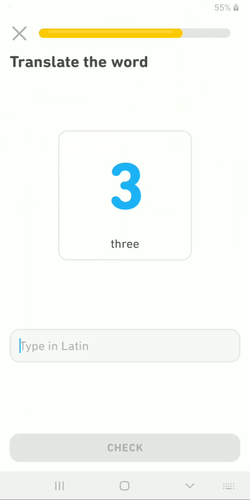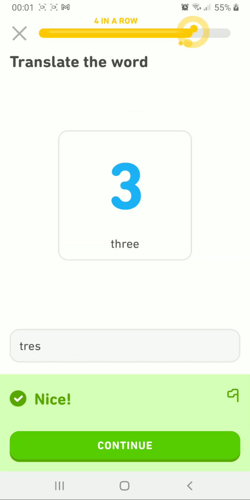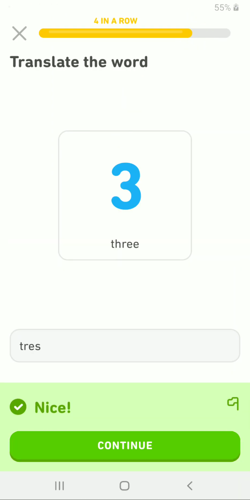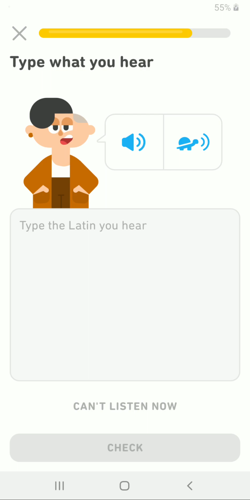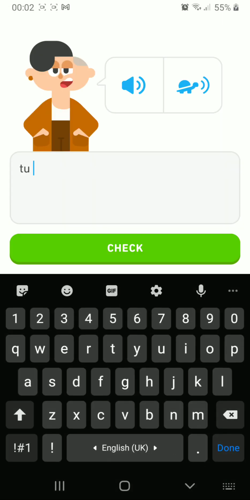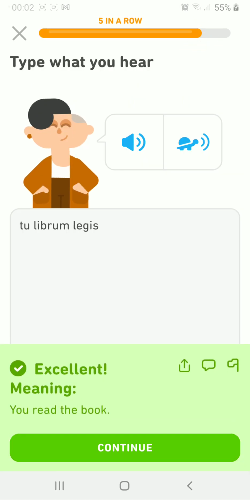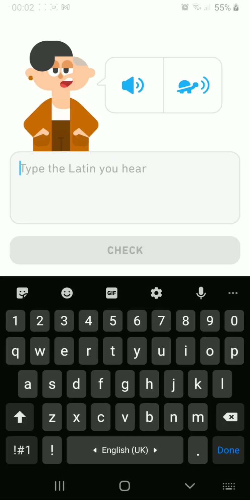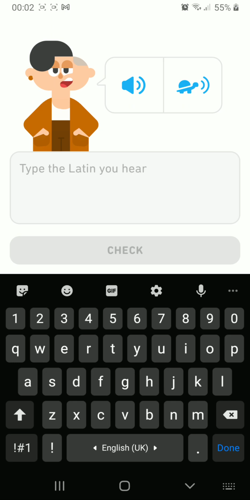Good. This is tres, just like in Spanish. Tu librum legis. Tu librum legis. Is it legis? Legis, yeah. Okay. And Filiae meae dormiunt.